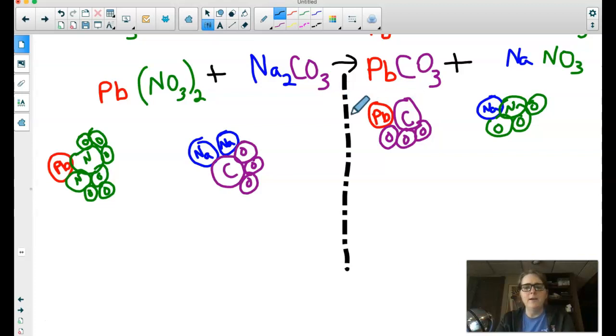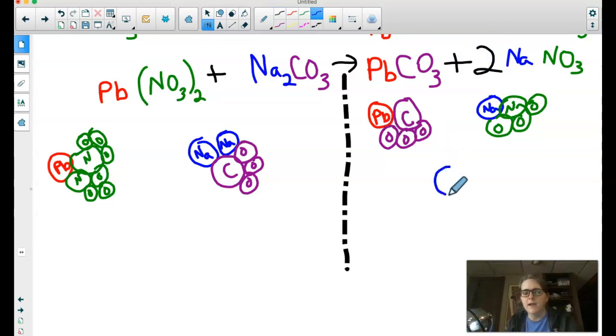So if I take a look, the nitrate starts out unbalanced. I have 2 at the beginning and only 1 at the end. So I'm going to start out by dealing with that one. So I'm going to go ahead and try putting a 2 in front of my sodium nitrate.